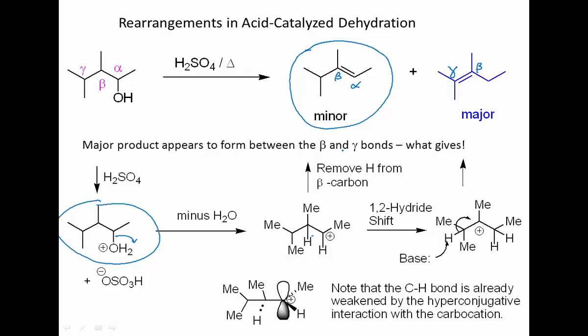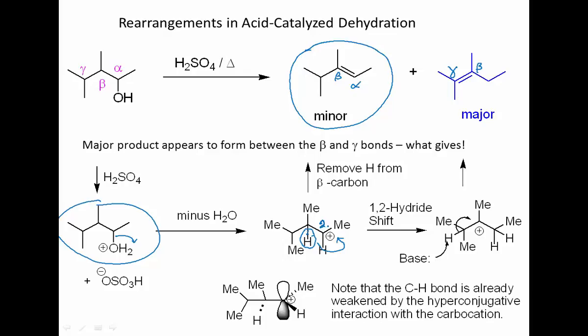But look what would happen if this hydrogen right here and its electrons moved over to here. Okay? And we're going to call this process a 1,2 hydride shift. Something wonderful happened in this 1,2 hydride shift.